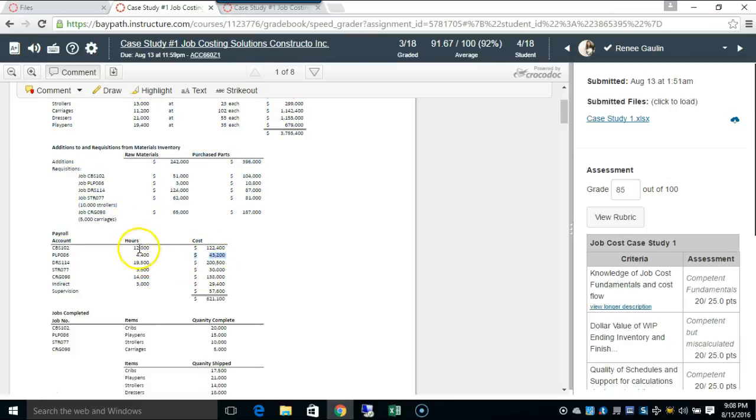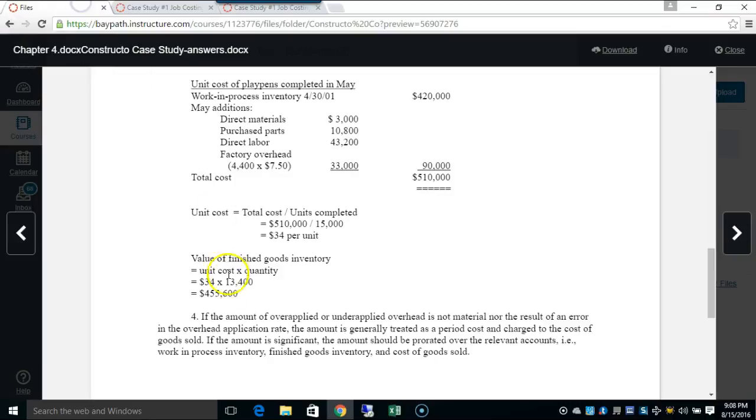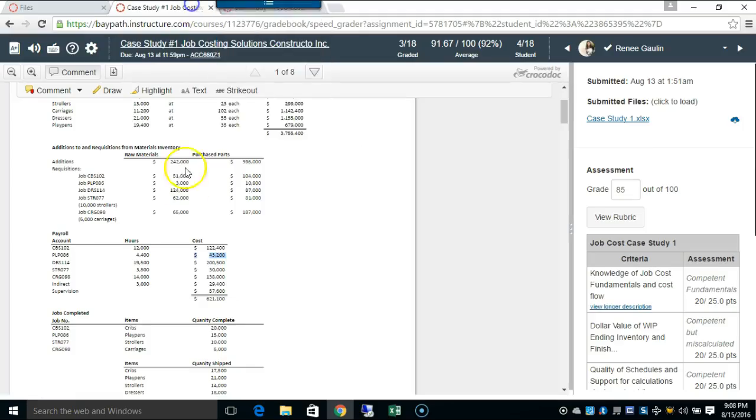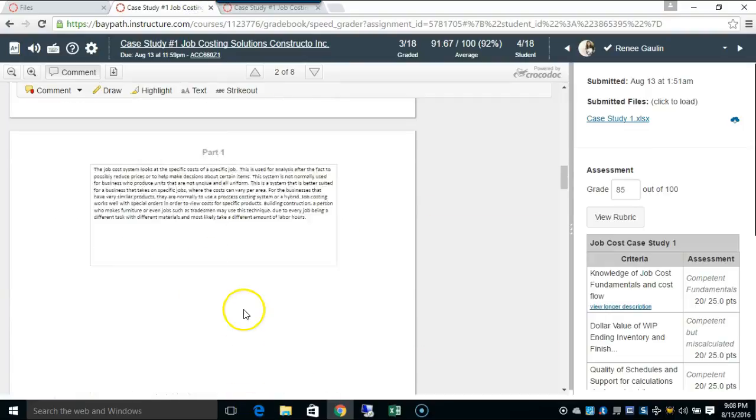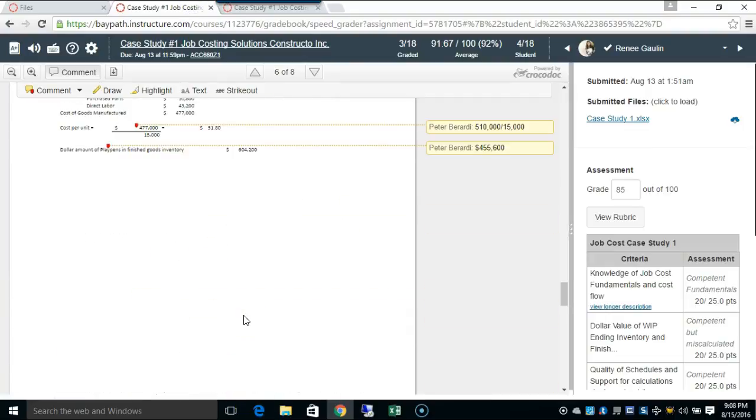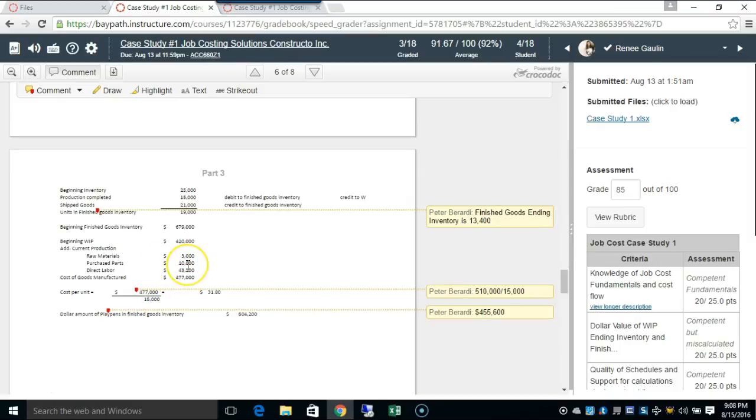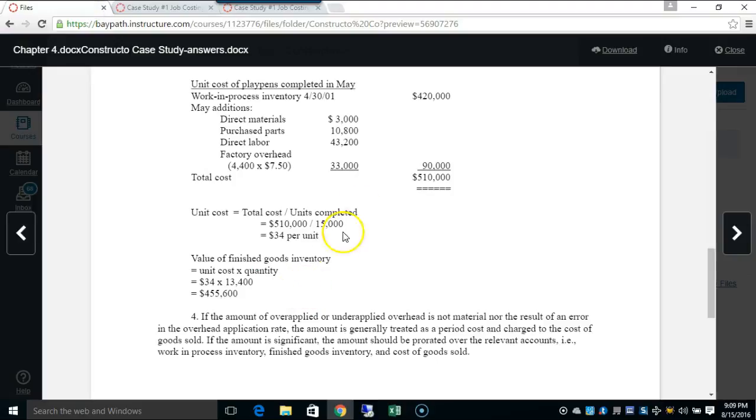And the hours are 4,400 hours times the 7.50, which I do not see in your calculation here. So altogether, you would have had $510,000 as total cost of goods manufactured.